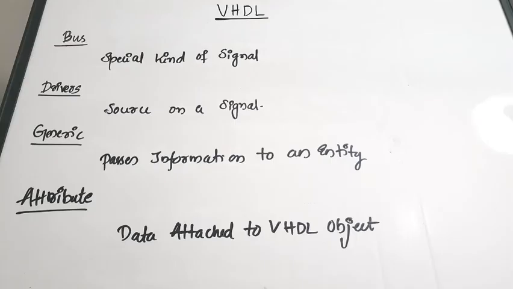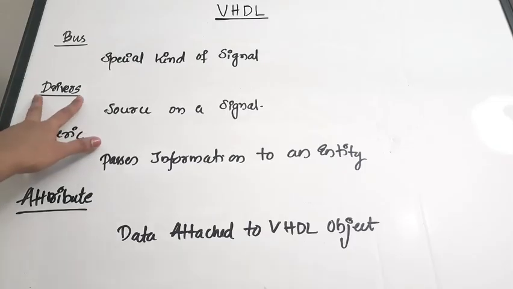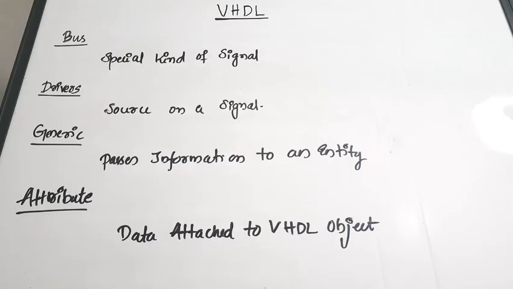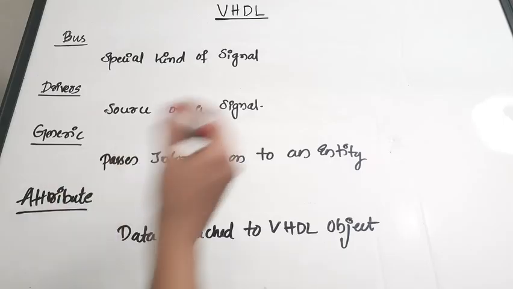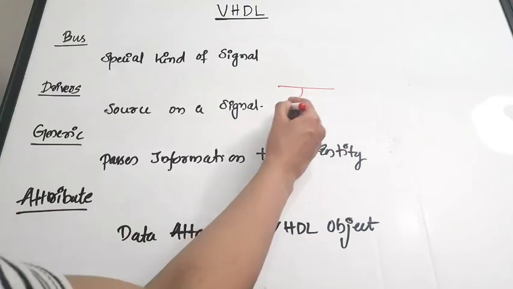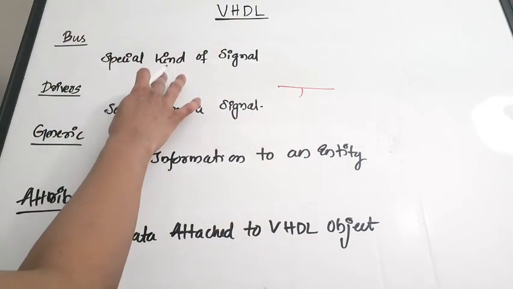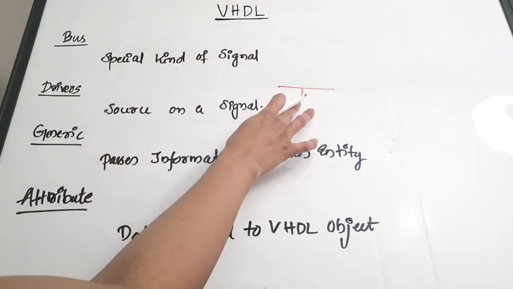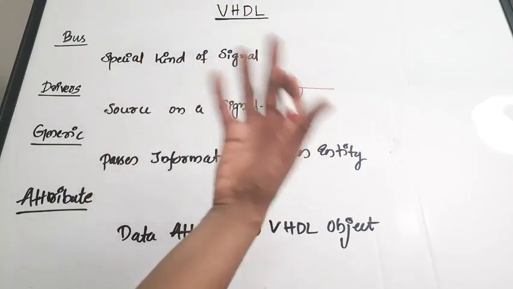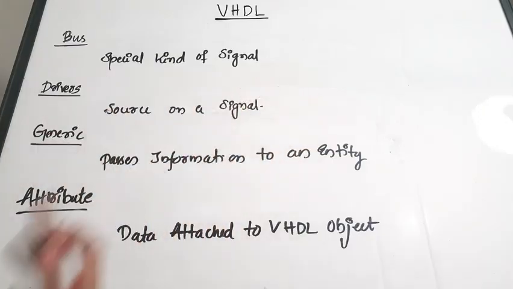Generally, bus and bus driver cases we have studied in microprocessor and microcontroller courses, where we studied what buses and drivers are. Here, these drivers are driving some signals. That is the difference. There will be a signal line, and this signal line will be driven by the drivers. And a bus is a signal whose drivers are turned off. Anyway, we'll study these things in detail.